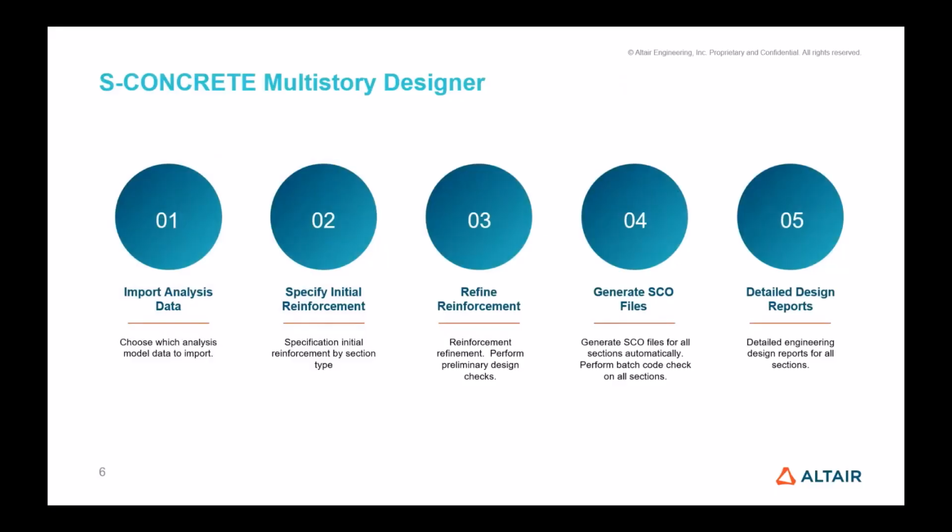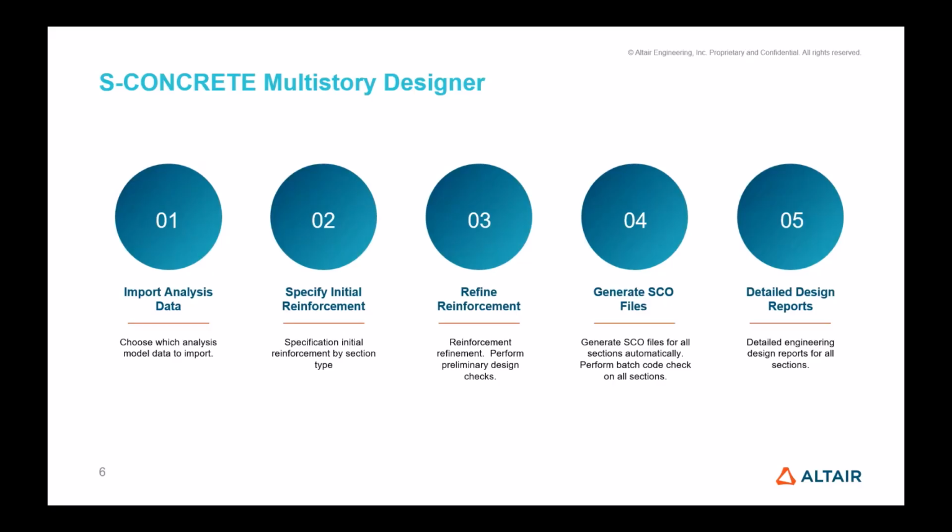So what is the Multistory Designer, and what is the general workflow? How to obtain the results? We basically have five easy, important steps. The first is to import the analysis data. This is after you already have your model ready. Then you specify the initial reinforcement by section type, and then you refine this reinforcement after getting these preliminary design checks.